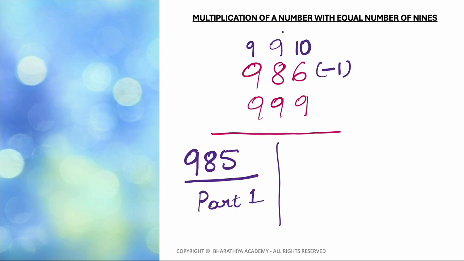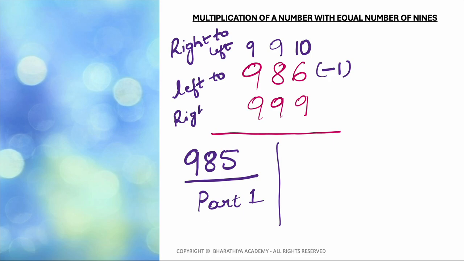Okay, so we can go from right to left or left to right. Either of the ways you will get the same answer. Okay, so initially we tried from right to left, right? Let's do from left to right now.